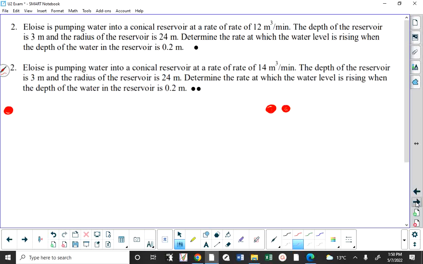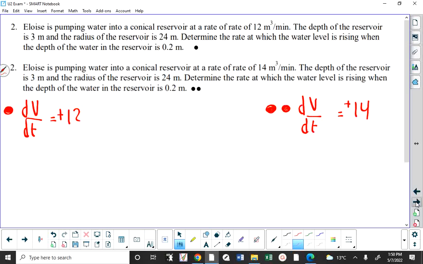When you're told that water is being pumped into the cone at 12 meters per minute, what you are told is the value of dV/dt, and it's positive 12. In the second version of the exam, this question has dV/dt equals 14. And it's positive because water is being pumped into it.